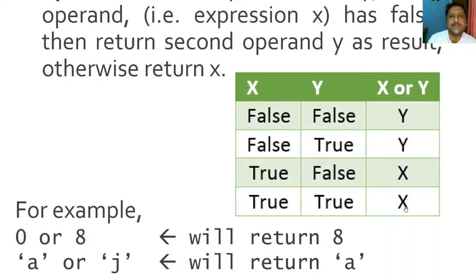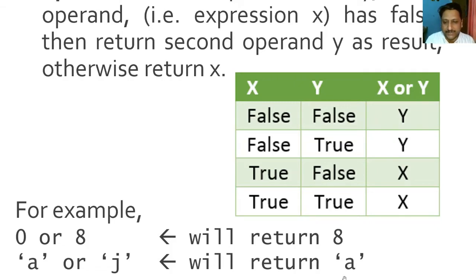In simple terms, if the first expression gives you a truth value, where truth value is 1 or more than 1, then the first expression will be returned, and in other cases the second expression will be given. If the first is false, then only the second will be given. If both are false, then the second will be given.